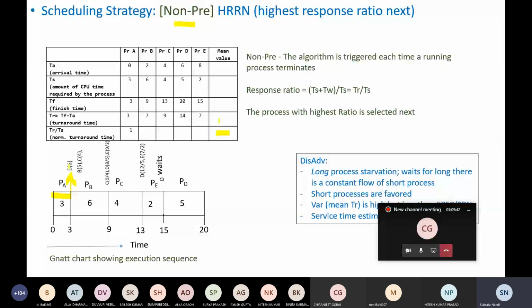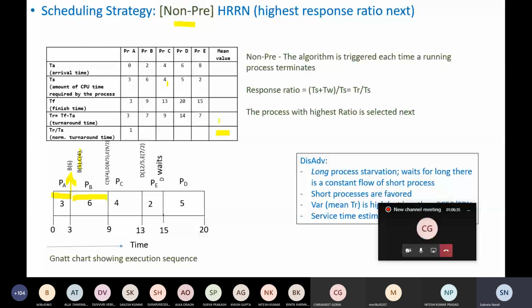Once B is scheduled, B will be utilizing all the 6 units of time. And after the completion of B, now there are 3 processes C, D, and E. If you calculate the response ratio, the values are 9 by 4, 8 by 5, and 9 by 2. How does it appear? What will be the response ratio of C? How do we get this 9? This is TS plus TW for C at time t equals 9. What is the amount of waiting time for this? How much time did it wait?